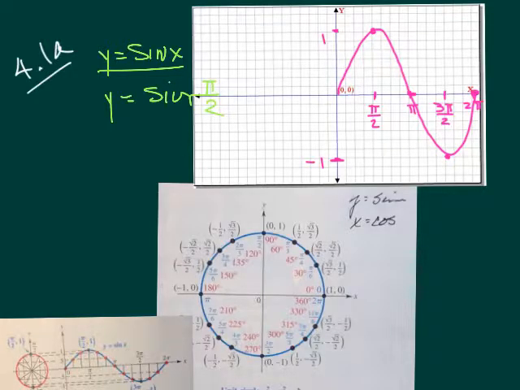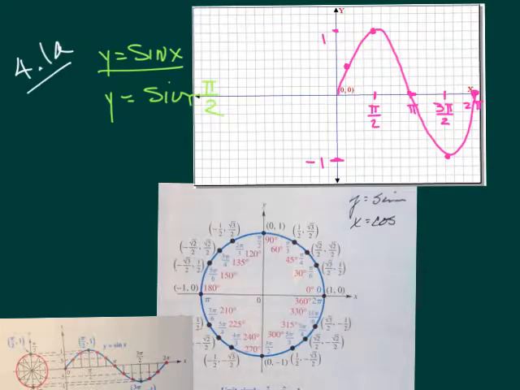Okay, we take our calculator in radians, put in pi over 2, and it will spit out a y value of 1. If we put in our calculator pi over 6, and we take the sine of pi over 6, it will give us a y value of 1/2. So it will give me a y value then of 1/2 here.